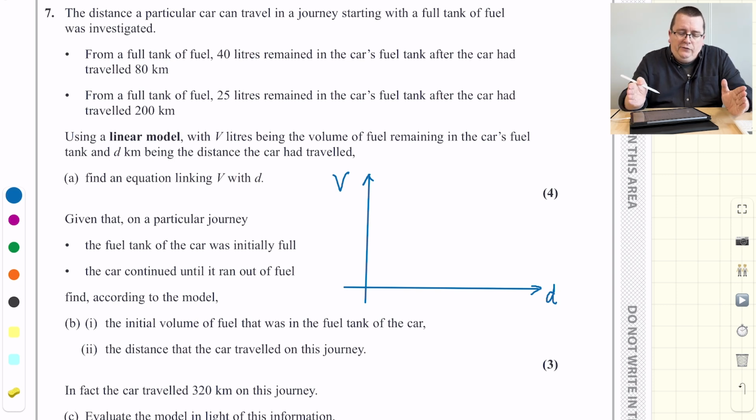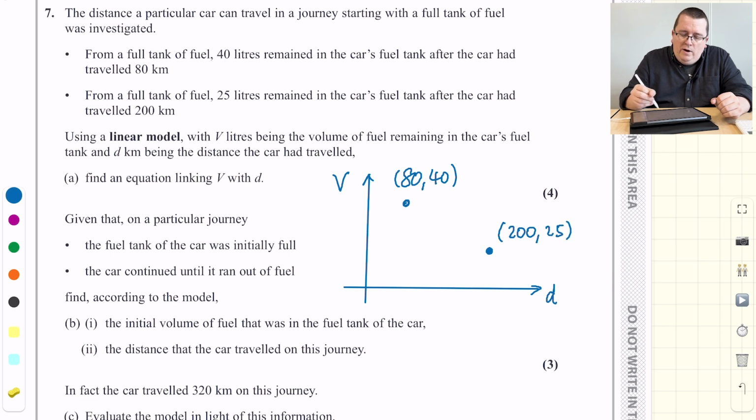So 40 litres travelled 80 kilometres, so 80, 40 is one of the points. And the other one is 200 kilometres, 25 litres. So somewhere down here, 225. And we're going to use a linear model, so a straight line graph joining the two.